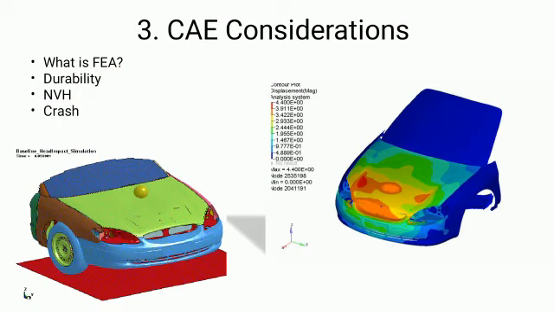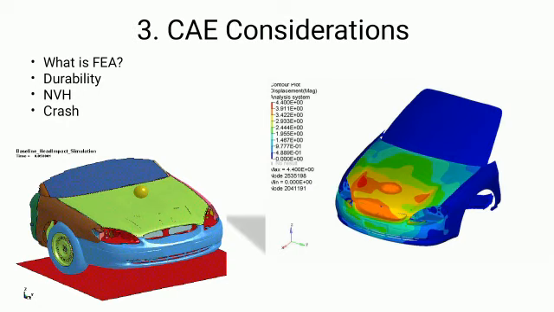Once they fulfill the required norms or required limits, then we will launch my product, my car, into the market, because the safety of the passenger is very important. Such things we are going to learn in this particular CAE consideration.